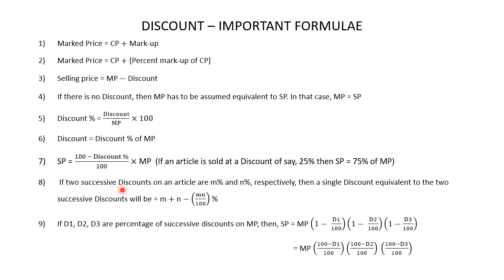Now if two successive discounts on an article are m% and n% respectively, then a single discount equivalent to the two successive discounts will be equal to m plus n minus mn divided by 100%.